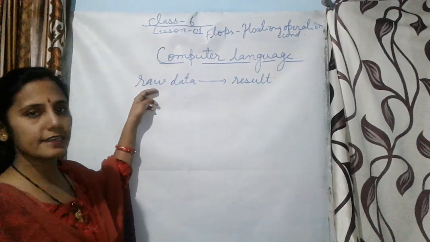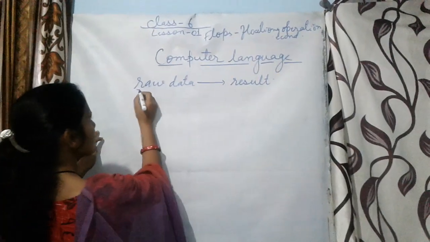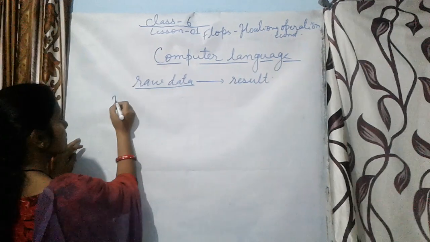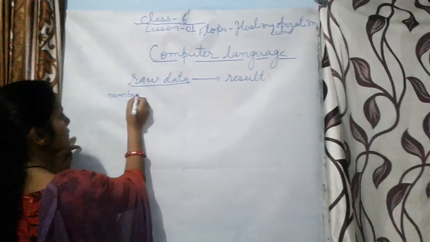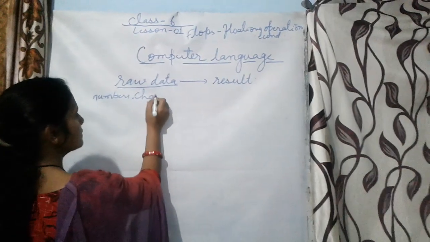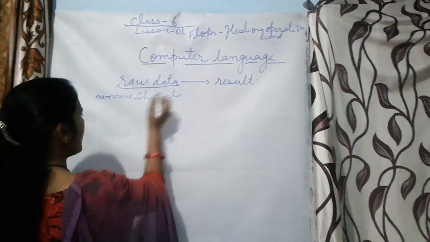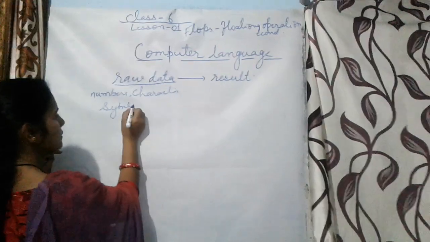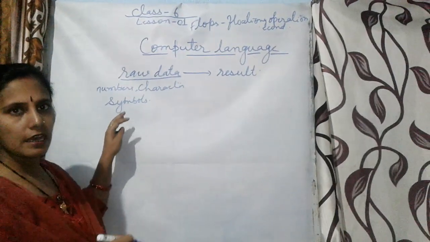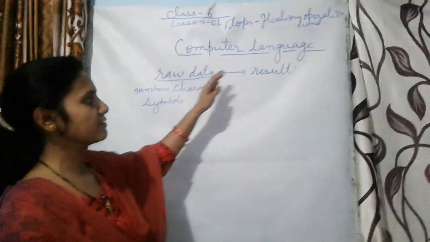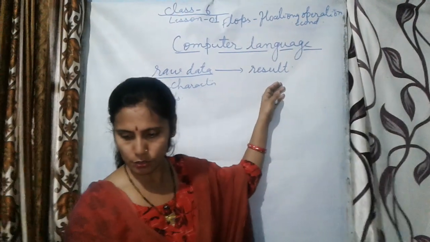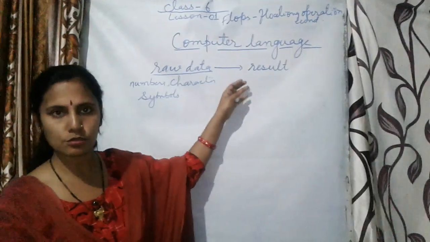So what is the raw data here? Raw data is a combination of numbers, characters, and some symbols. These are called raw data, and when processed, they give us the result. So how does it show the result?